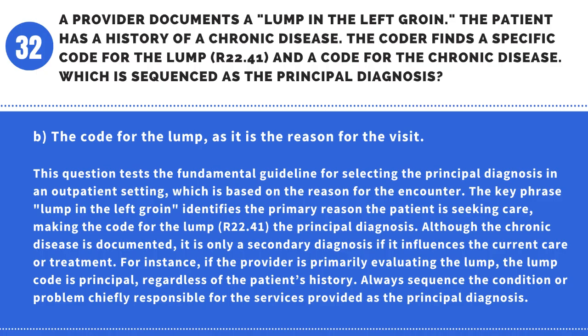Although the chronic disease is documented, it is only a secondary diagnosis if it influences the current care or treatment. For instance, if the provider is primarily evaluating the lump, the lump code is principal, regardless of the patient's history. Always sequence the condition or problem chiefly responsible for the services provided as the principal diagnosis.